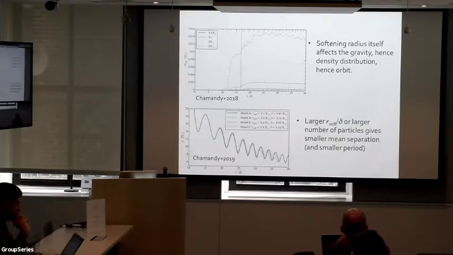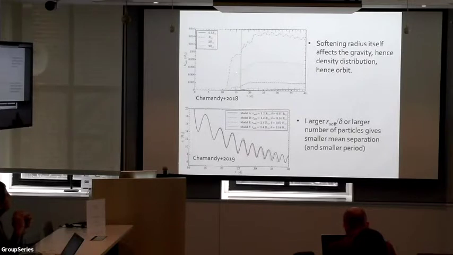And then the softening radius itself affects the gravity, and hence the density distribution, and hence the orbit as well. So in our case, we did something cruder than what Sebastian's paper did. We just have the softening radius at some point during the simulation. And this is a measure of the mass around the secondary within spheres of a given radius.